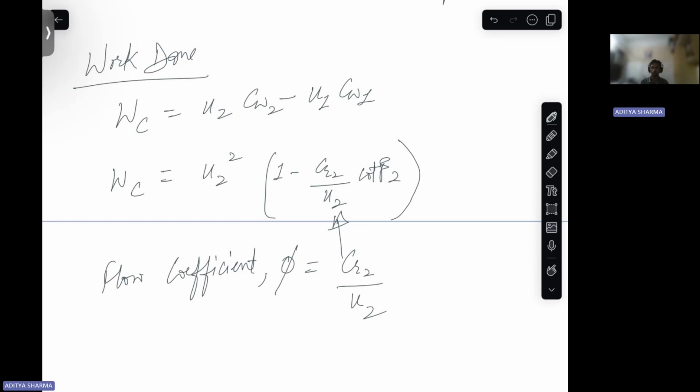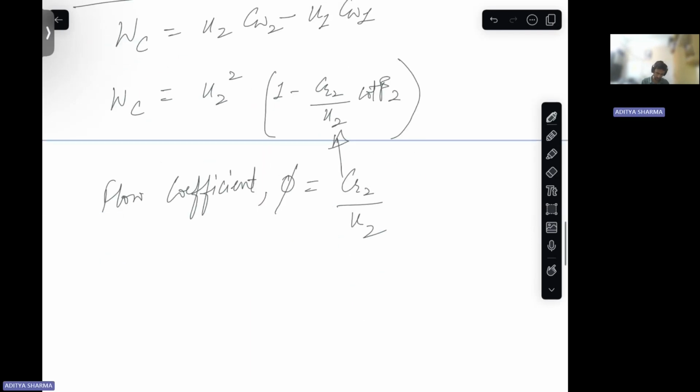So with respect to your U2, how much radial velocity you get in your fluid that is exiting the impeller. This basically is the flow coefficient. Okay, so your WC becomes in that case U2 square times 1 minus phi cot beta 2. Okay. First is this.